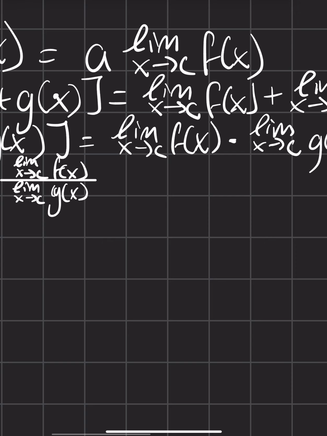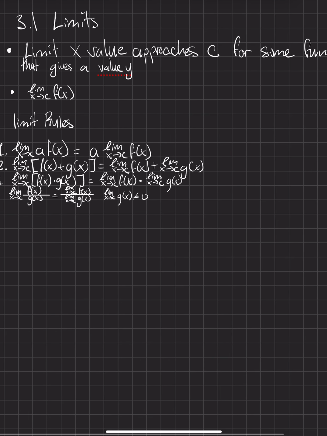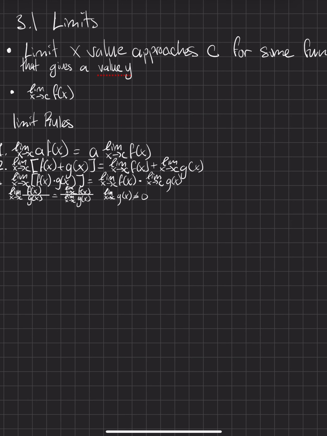But this also states that the limit as x approaches c of g of x must not be equal to zero, because you can't have a zero in the denominator of a fraction, right?